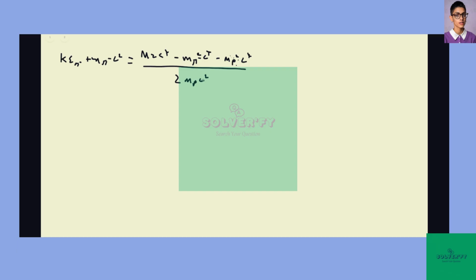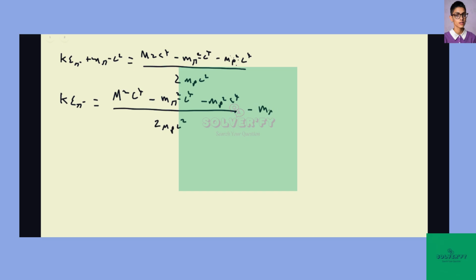Okay, now we want to solve for the kinetic energy of the pion, so we can just move this over. The kinetic energy of the pion is going to be equal to big M squared c to the fourth minus m pi, the negative pion's, squared c to the fourth minus the mass of the proton squared c to the fourth, divided by 2 times the mass of the proton c squared minus the mass of the pion c squared.